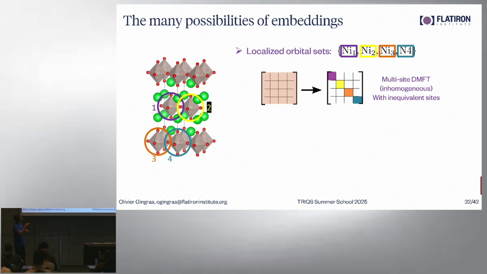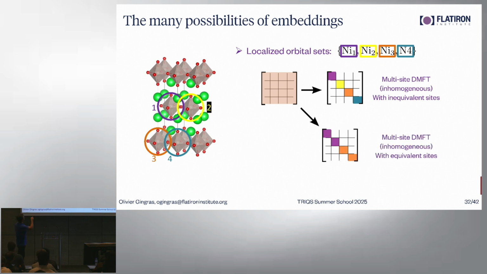In this case, each atom has a different impurity problem associated to it. So this is really doing multi-site DMFT with inequivalent sites. But what if these 2 atoms are actually related by symmetry, right? These 2 and these 2, and I don't want to do them separately.